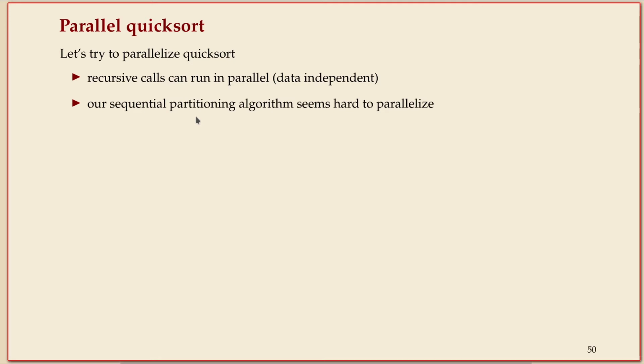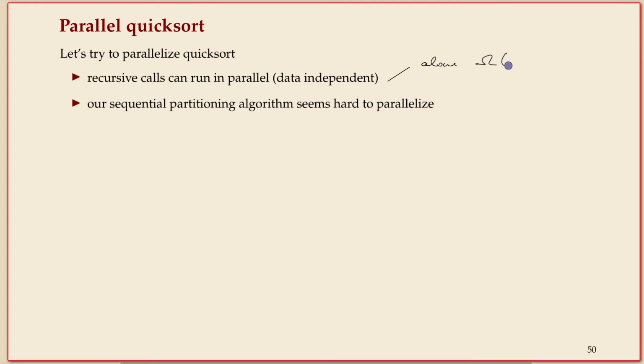But that is somewhat limited in how far we can get. If we only did that, we're still stuck with the first partitioning step giving us linear time. Unless we parallelize that, we have to do it in one processing element, and we have to spend linear time for partitioning.